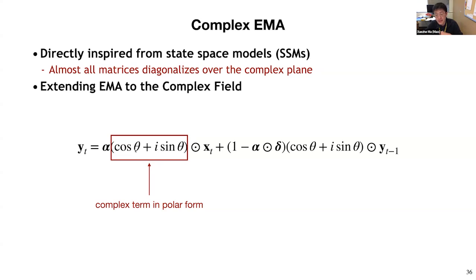Inside this vector, there are some structures of theta. The idea is that we want to make sure that our theta on different dimensions is able to spread uniformly across the circle. If you want to see the details of how we design the theta, you can read our paper.